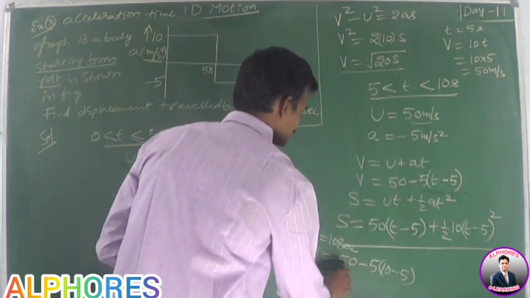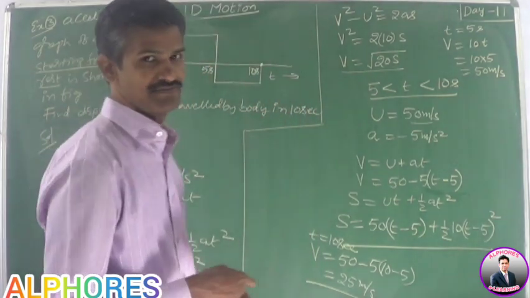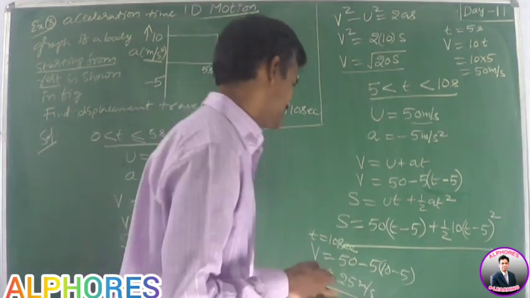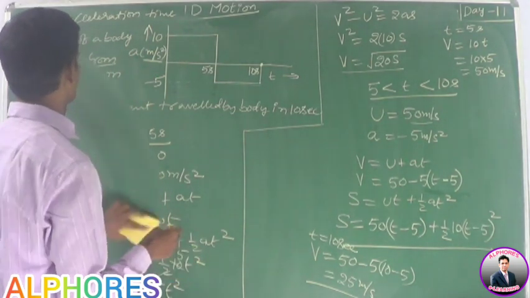This is plus 25. So the direction of velocity does not change, and you can calculate displacement as usual.